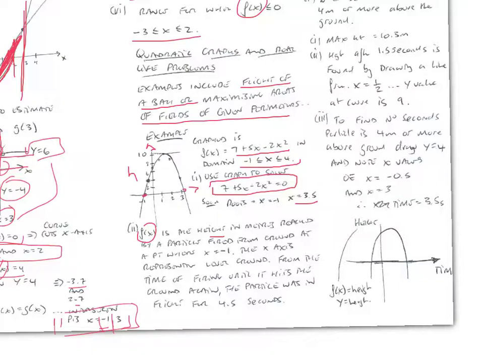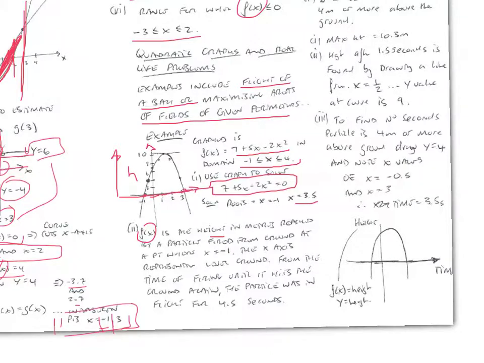The x-axis represents horizontal ground, and anything above it is the height. From the time of firing until it hits the ground again, the particle, so this is time here, was in flight for 4.5 seconds.